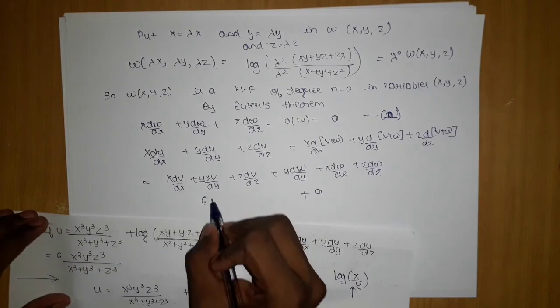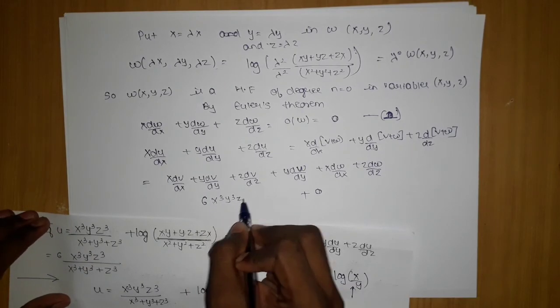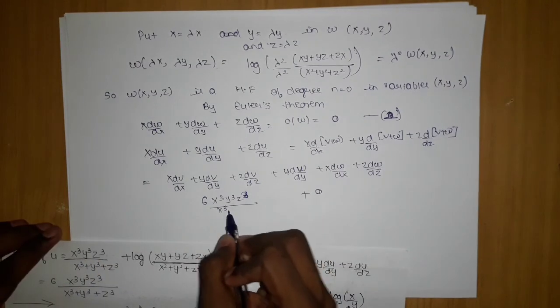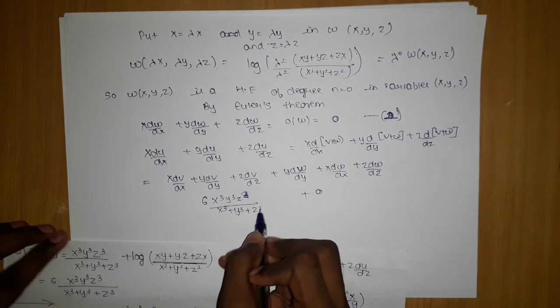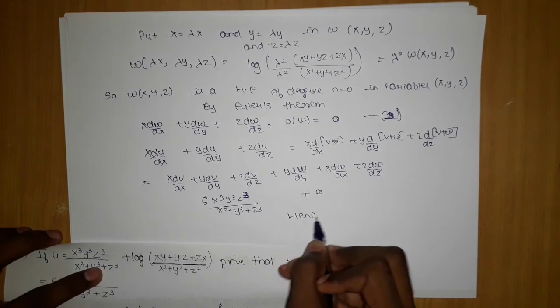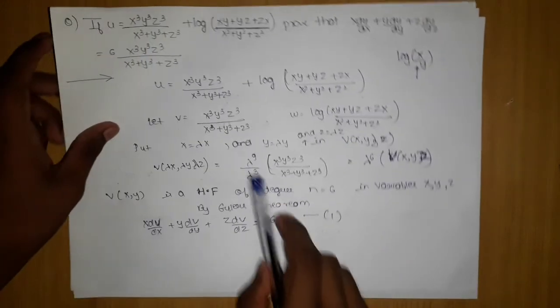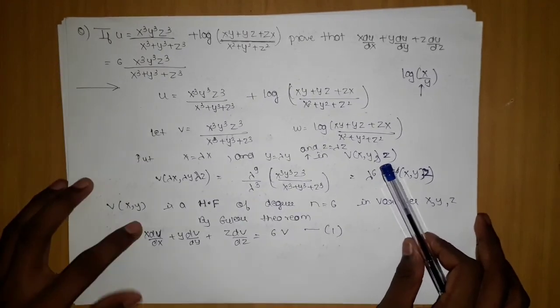Here you can see 6 times v, where v is x cube y cube z cube the whole upon x cube plus y cube plus z cube. Hence proved.